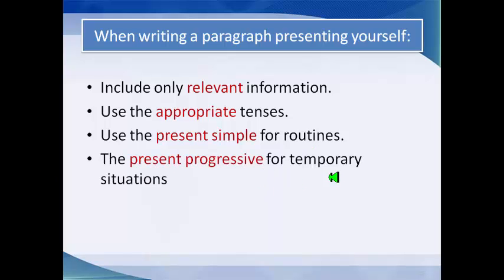The present progressive for temporary situations. You use present progressive or present continuous to talk about actions which happen now or nowadays. So you use present progressive, where you add ing to the verbs.